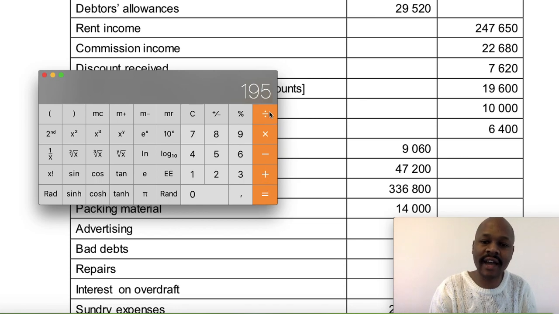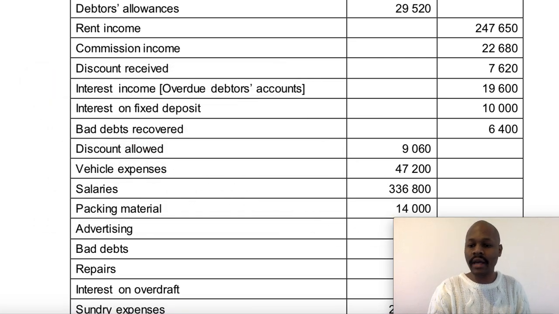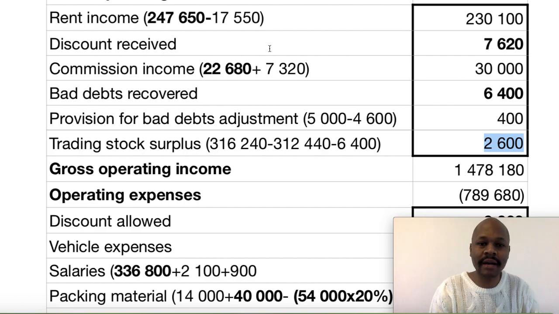This 195 you multiply by 90. It gives you 17,550. 17,550 you take to your incomes, but you subtract because you received an income in advance. So you are not supposed to receive this 17,550.